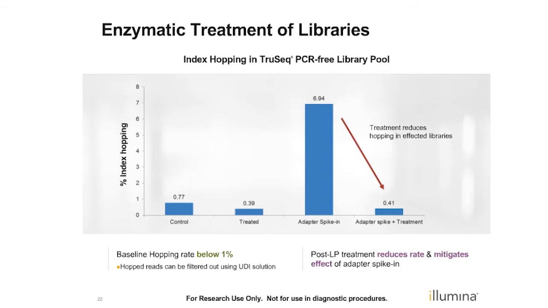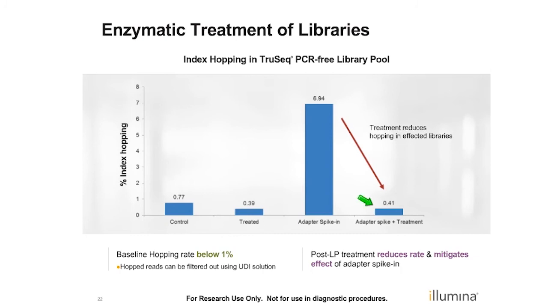We have actually used this protocol with good effect on many different library preps now, where for whatever reason either unique dual indexes were not available, or a specific cleanup was not possible to eliminate free adapters, which is rare, but that does happen in some preps. We can use this treatment to mitigate and knock it down to much lower levels.